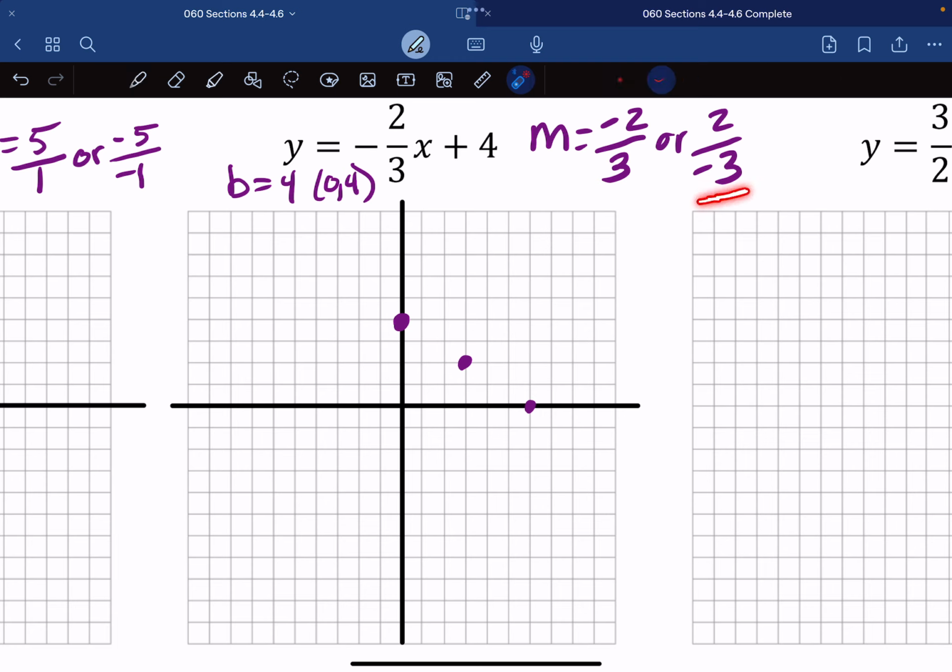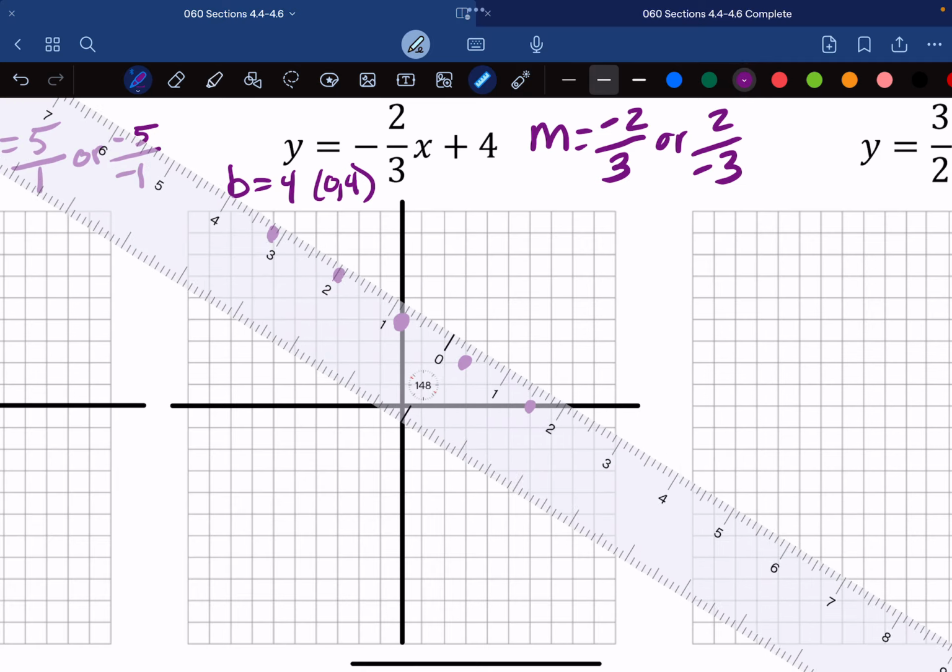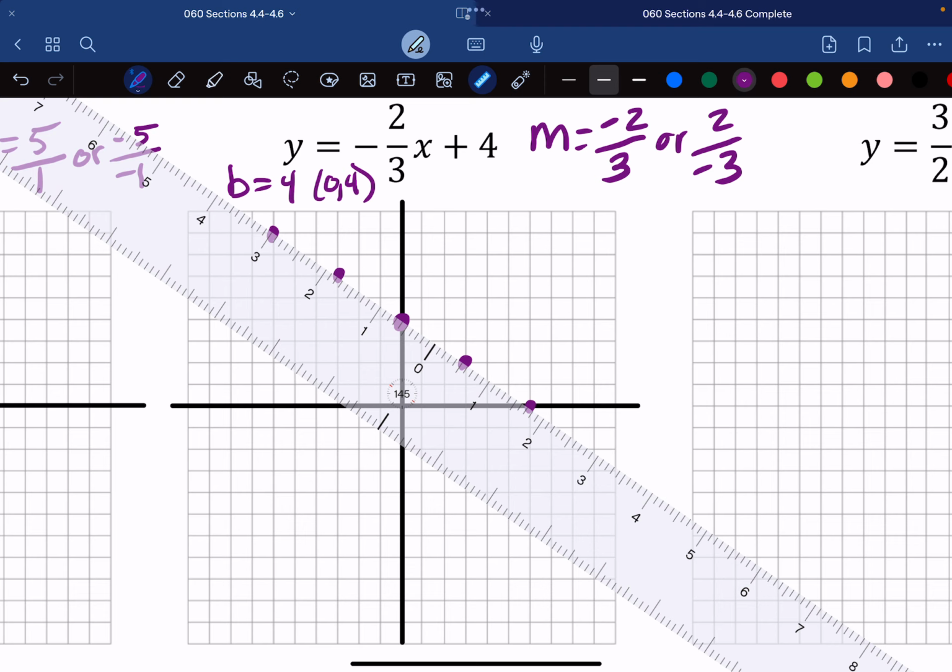Or I could do this one from my y-intercept, which was +2, -3. +2, -3. Create my line using my ruler.